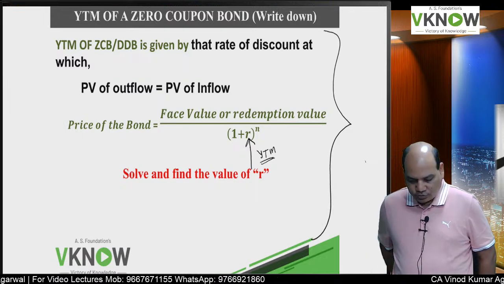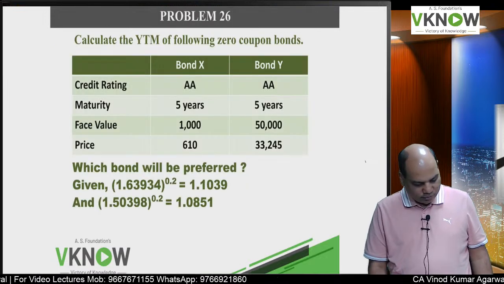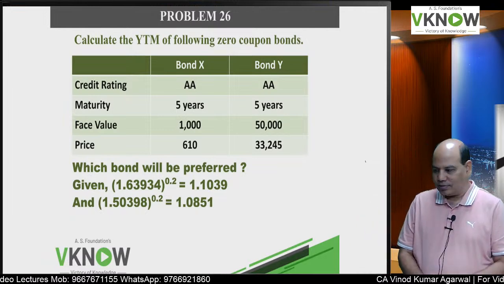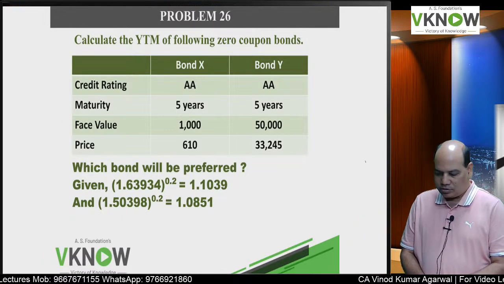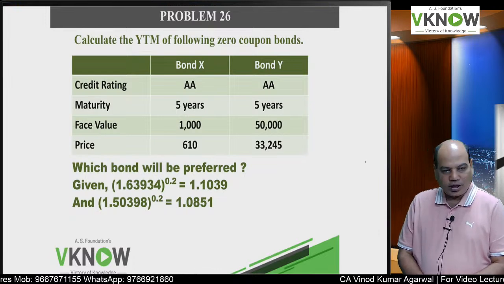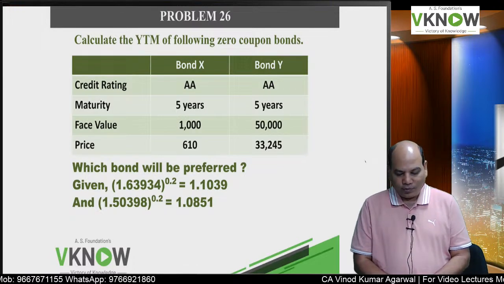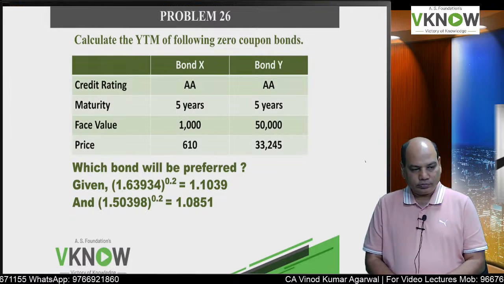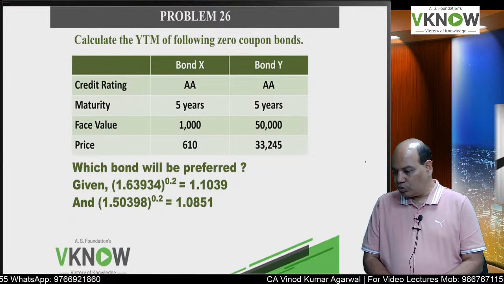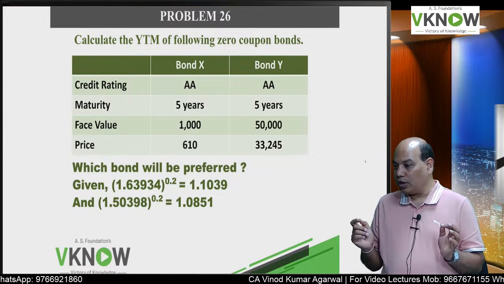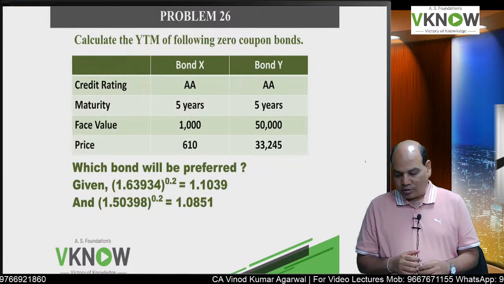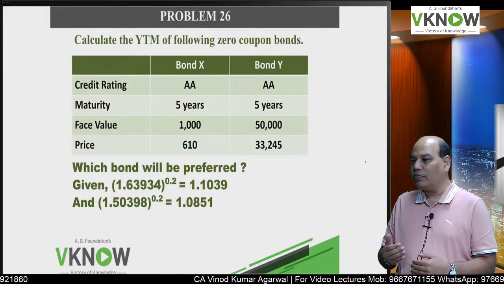Okay, so can we go to the next important question 26. Question number 26. Calculate the YTM of the following zero coupon bonds. There are two zero coupon bonds given to you, bond X and bond Y. Credit rating is AAAA. Credit rating is a symbol of risk.